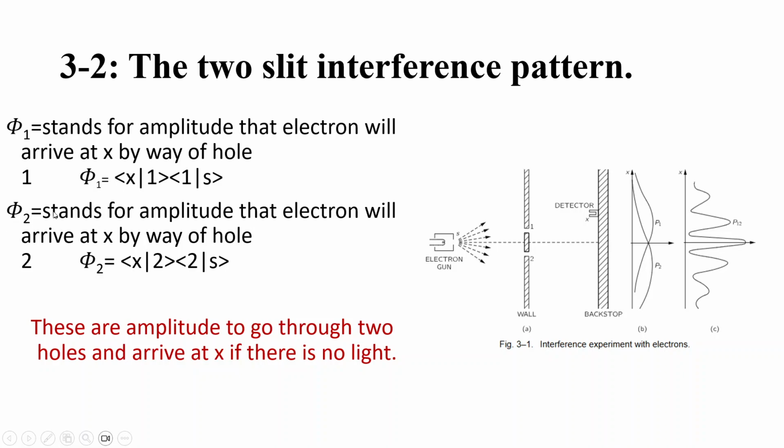In the same way, phi2 stands for the amplitude that the electron will arrive at x by hole 2. So this is the amplitude here. You can check that we are going from source to hole 2, then hole 2 to x. So these are the amplitudes to go through two holes and arrive at x if there is no light.